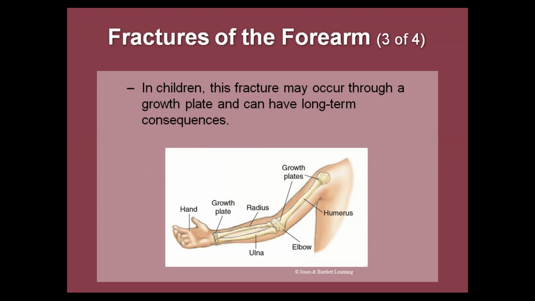In children, this fracture may occur through a growth plate and can have long-term consequences. Remember, with kids, any damage to that growth plate can potentially affect the long-term growth of that bone. So they could have a lifelong deformity. Maybe it stops growing as a result of that injury.